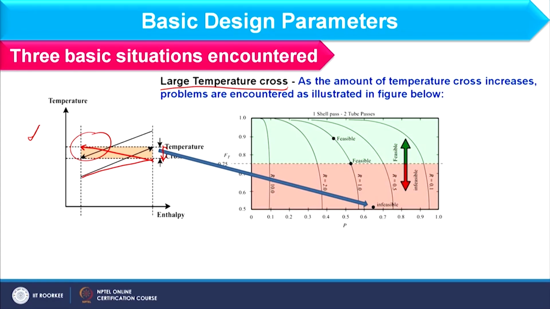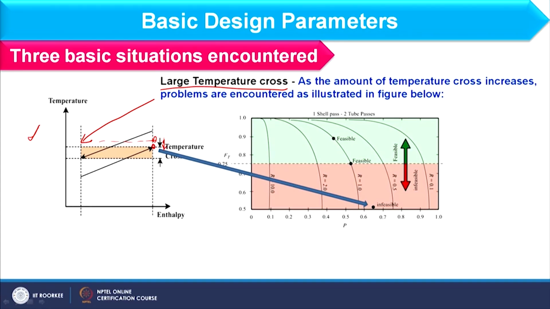Okay. Now, my point is why this FT factor decreases. Okay. To explain that, let us compare temperature approach and temperature cross. Okay. Now, what will happen if I consider this diagram? Temperature approach is basically this value. If I consider hot fluid temperature, so this is the outlet temperature of hot fluid and this is the outlet temperature of cold fluid.